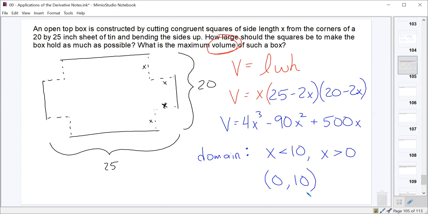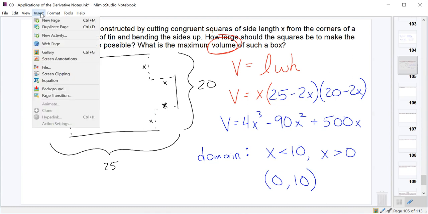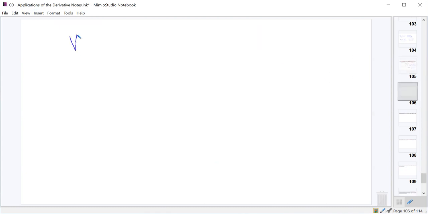So now we're ready to take our derivative of 4x cubed minus 90x squared plus 500x. So let's go to a new page. We've got volume is equal to 4x cubed minus 90x squared plus 500x.